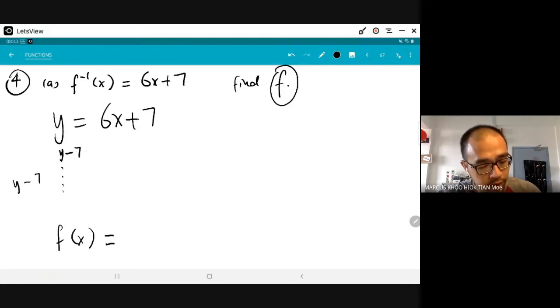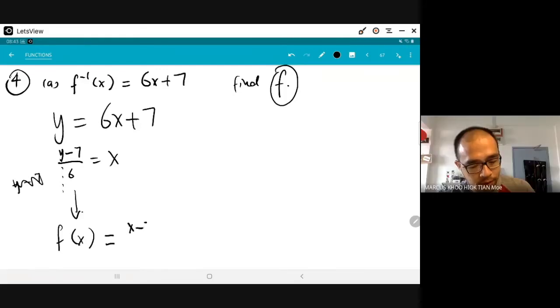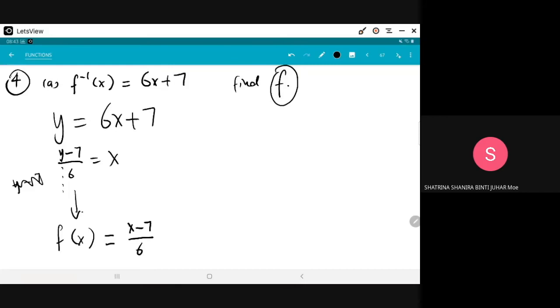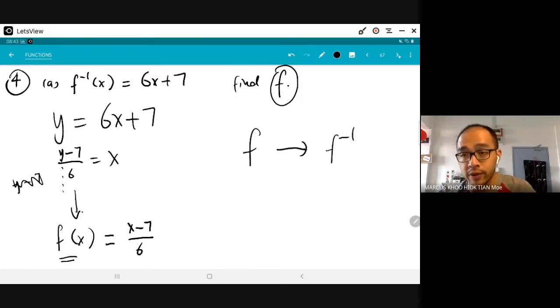Okay, y minus 7/6 equals x. But I want the function of x. Just one step we need to do. x minus 7/6 equals f(x), the function. Okay, good job. So basically that's it. You must know the relationship between f and f inverse. If I give you f inverse, change it to f. The step is exactly the same. Even though the direction is reversed, the steps are exactly the same.